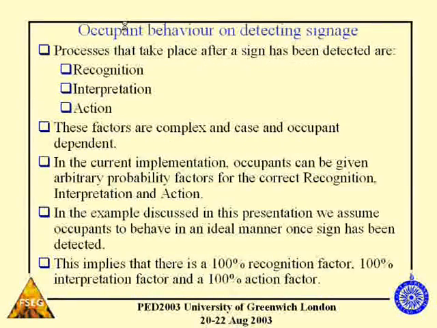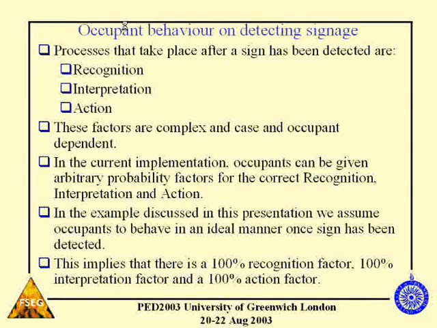So what we've talked about thus far is the ability to physically see the sign. You now have the recognition, interpretation, and action components, the behavioral components of this interaction of signage. Now, again, we're doing some experiments where we're attaching video cameras to people's heads, and we're putting them in various situations, and we're recording what they do when they see signs.